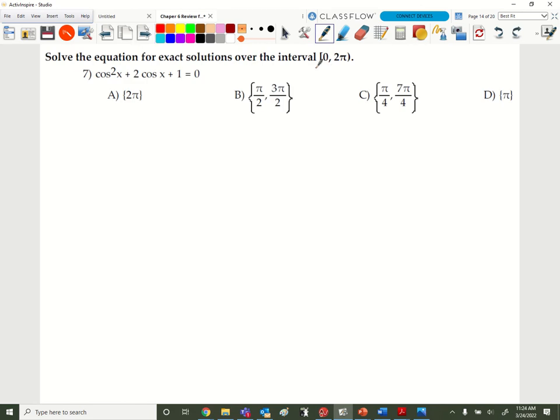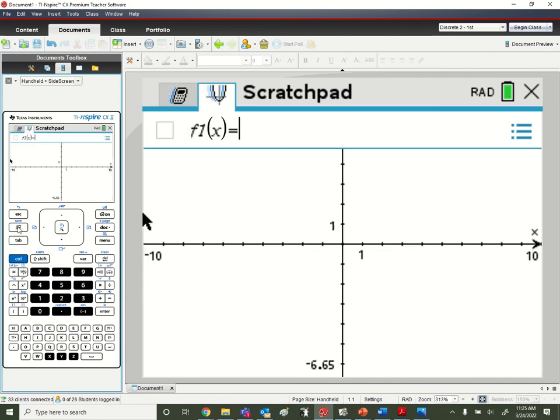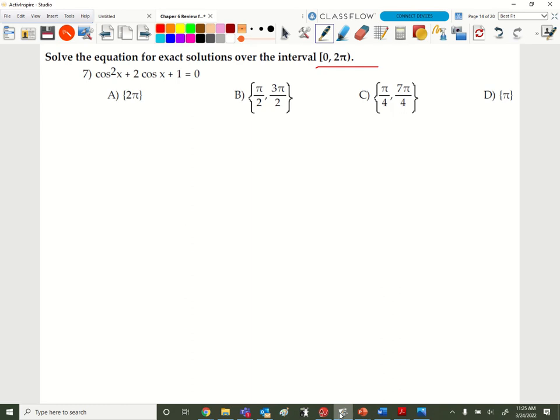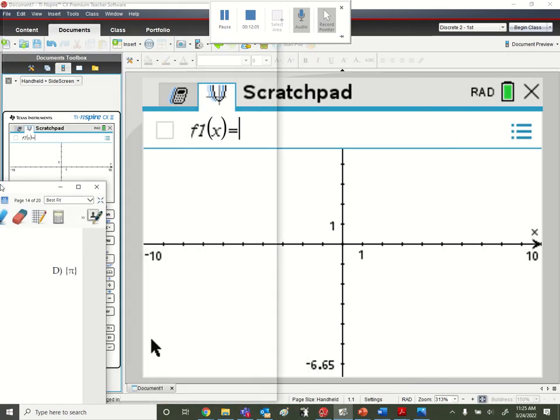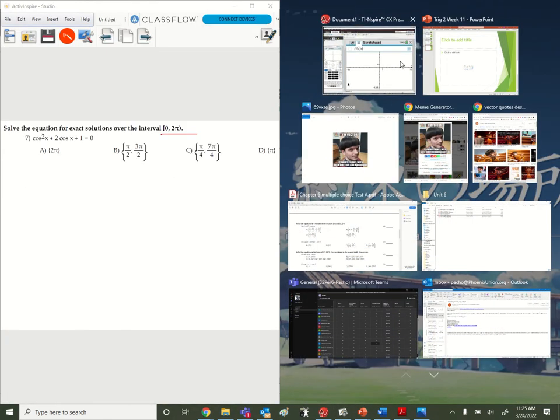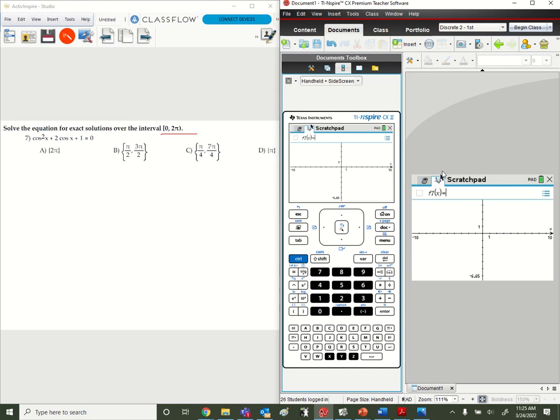Now this says right here my answers have to be in radian. So I'm going to plug this in the calculator, and don't forget everything's got to be degrees. So this one's already set equal to 0. Now I'm going to check my graph. So right here, and I had my problem, cosine squared. There we go. So, sorry about that. So let's see. Made it a little bit smaller.